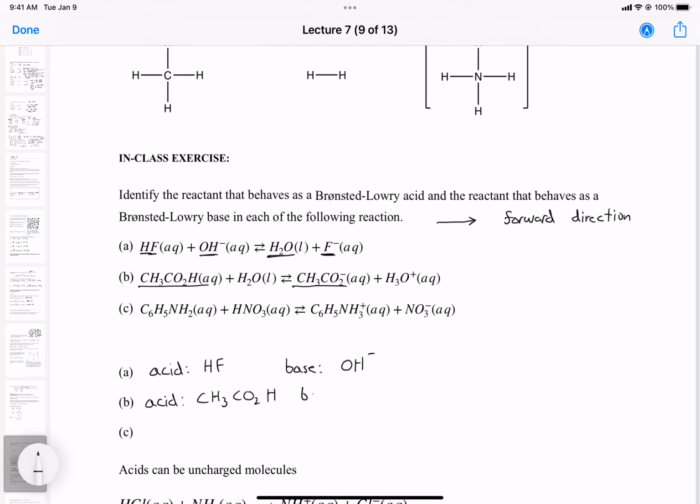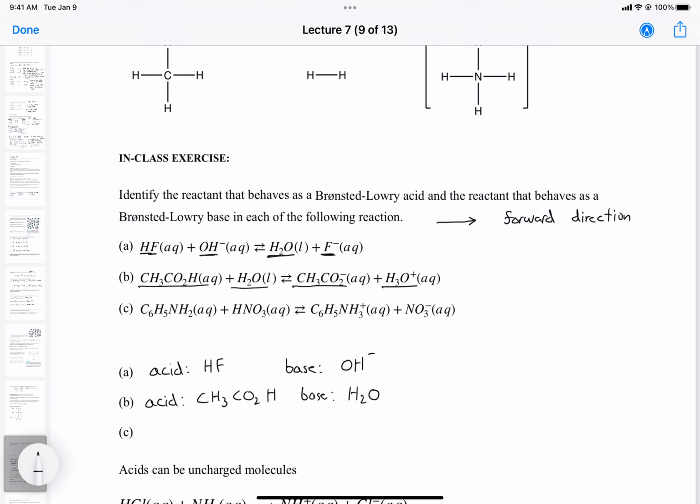And then the base is going to be the other compound, because if we look at water, it's now accepting a proton to become H3O+. So that's our base. Base: molecule that has accepted a proton. Acid: molecule that has donated a proton when you compare the two structures on the reactant and product side.